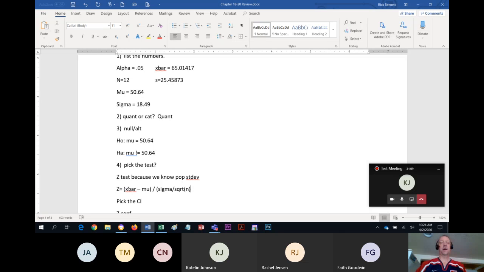Okay, so I'm going to type equals norm s inverse. By the way, there's one with periods and there's one without. Use the one without, it's a little bit easier to use. What do I put in here for the probability?